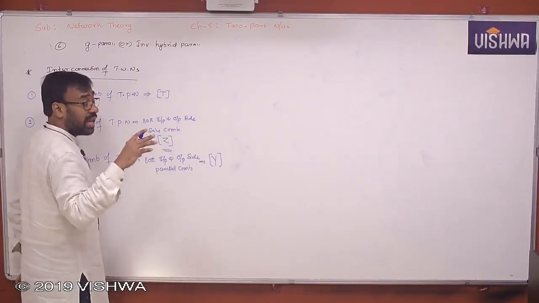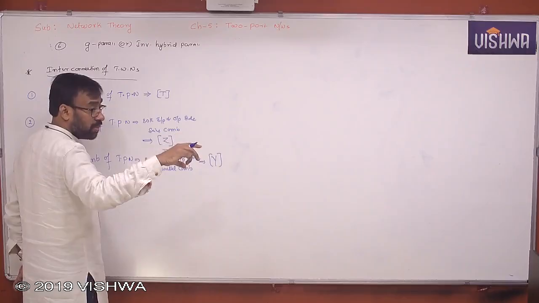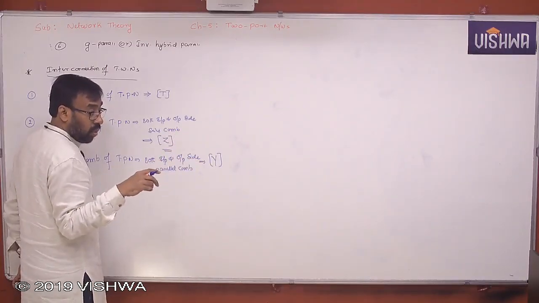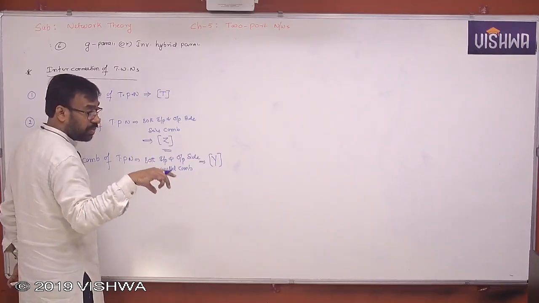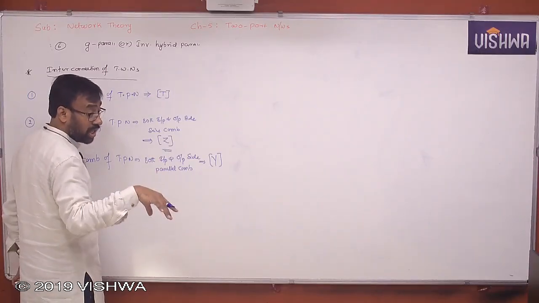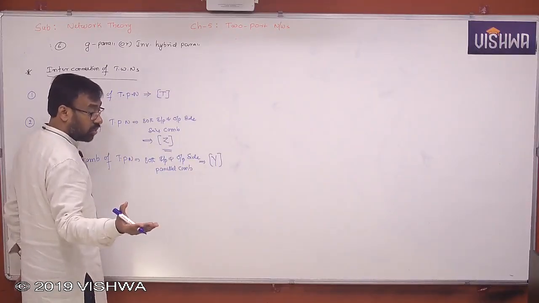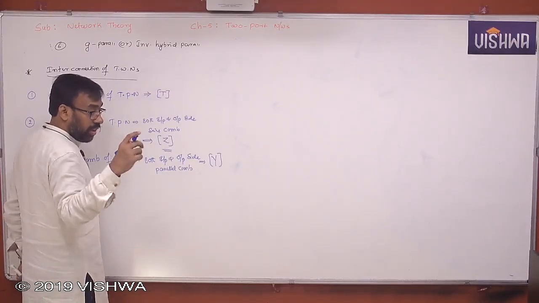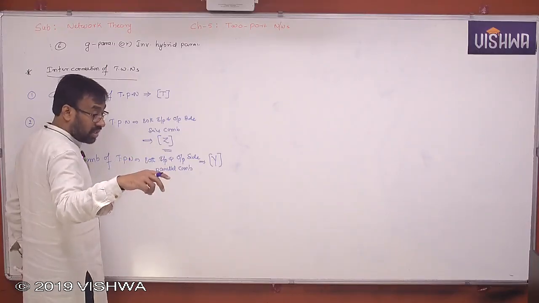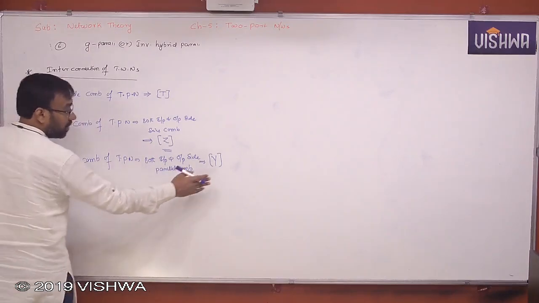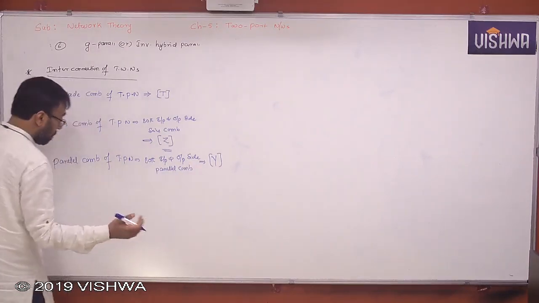The voltage across the first port terminals of the first network on the input port side and the voltage across the first port terminals of the second two-port network, if both are same, and that's not enough, again on the output port side also, if both the networks have the same voltages, then they are said to be in parallel. But usually Y parameters are more suitable to deal with, more convenient.